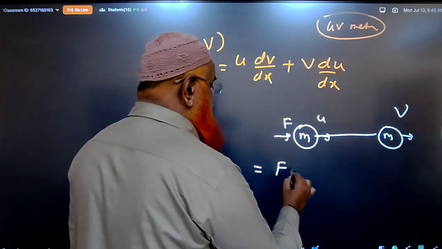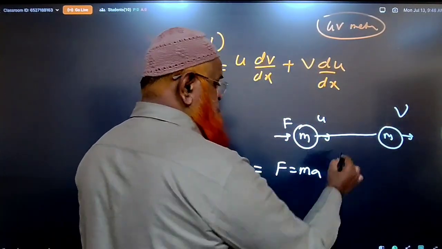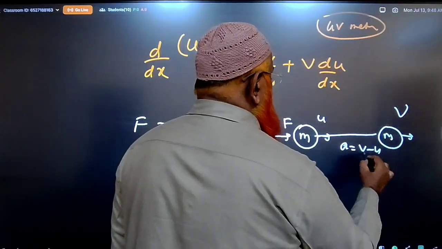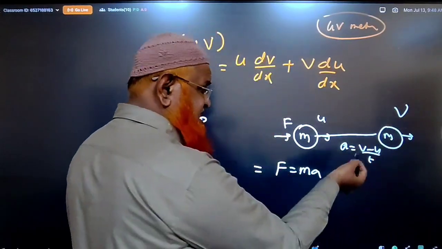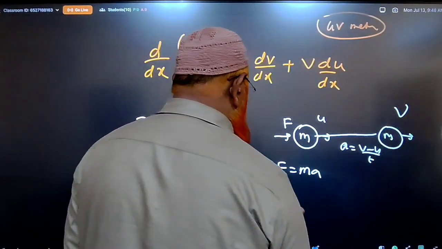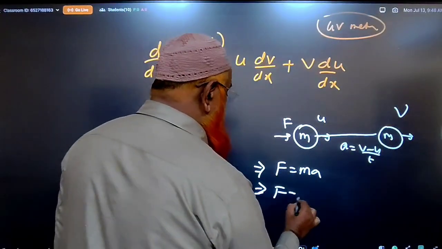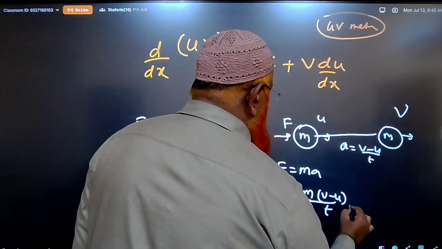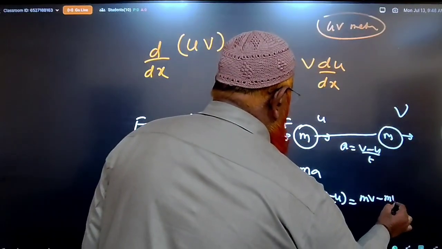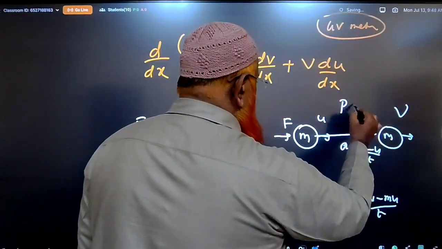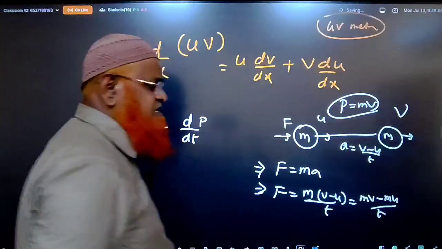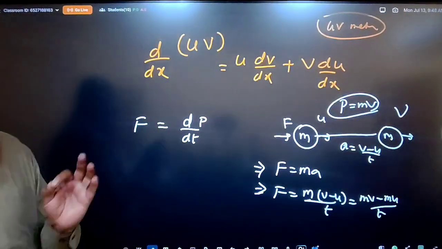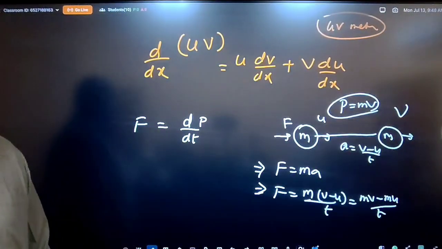So we write F is equal to m into a, because the body has acceleration, where acceleration is nothing but final velocity minus initial velocity by t. So F is m into a, which is v minus u by t, which can also be written as mv minus mu by t, where momentum is a product of mass into velocity.